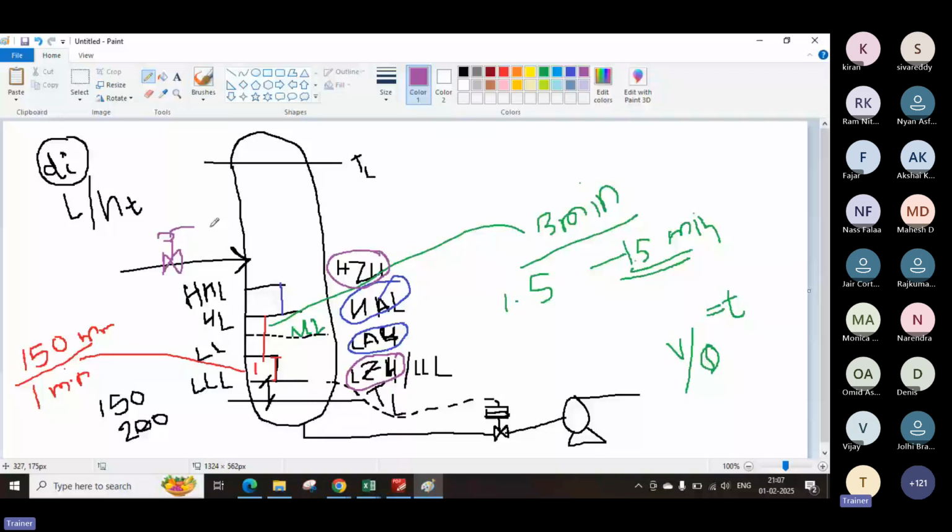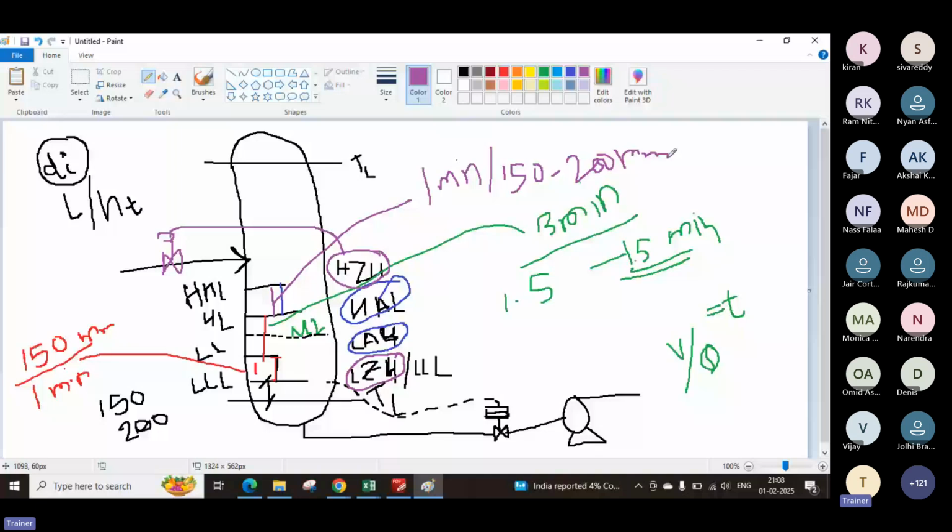So this part, that is high liquid level to high-high, is again 1 minute, or generally 150 to 200 mm. Okay, so this is the typical one.